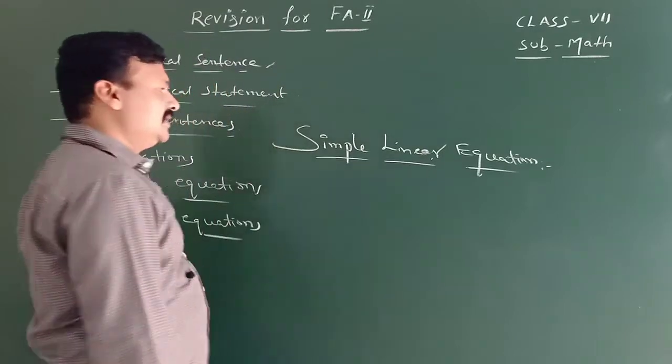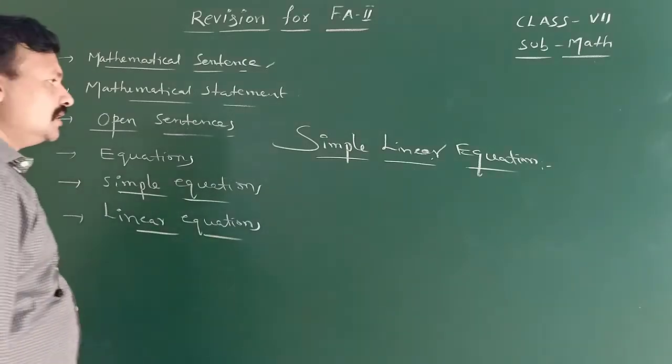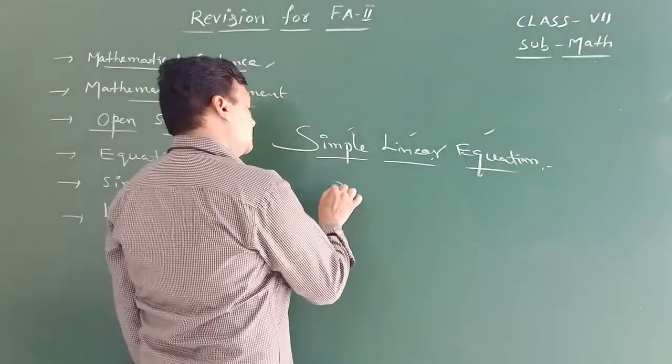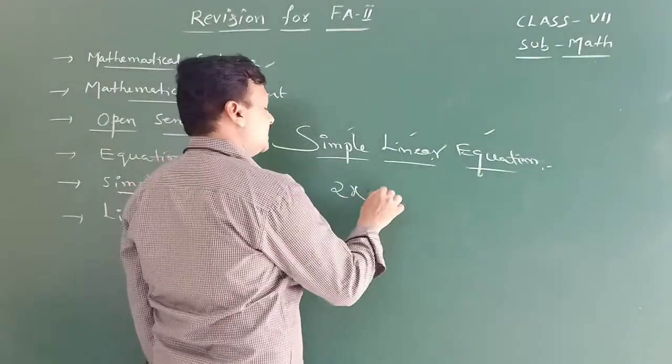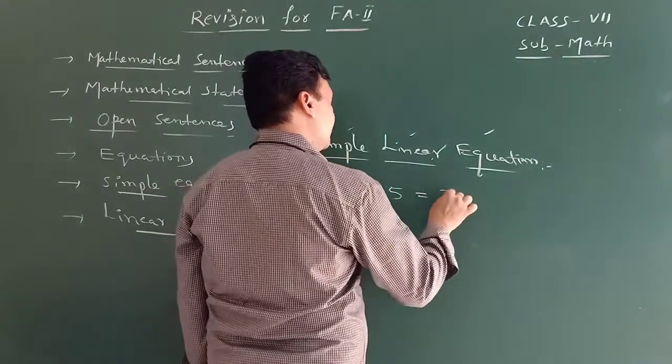A simple linear equation means the given equation contains one variable with degree one. Example 1: 2x + 5 = 7.